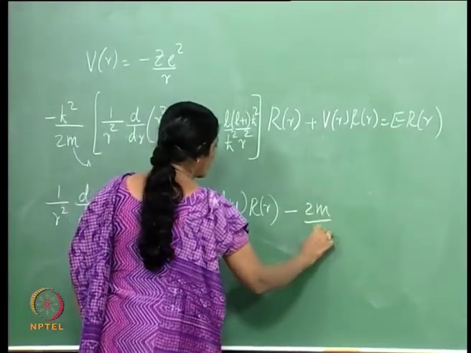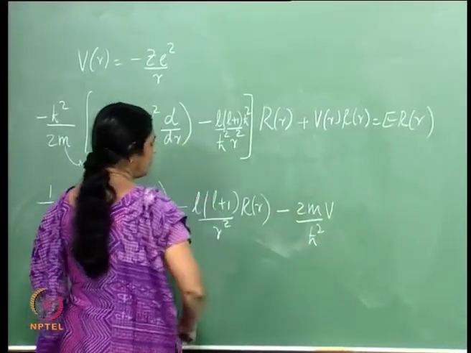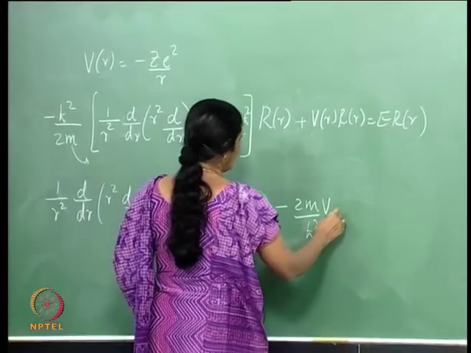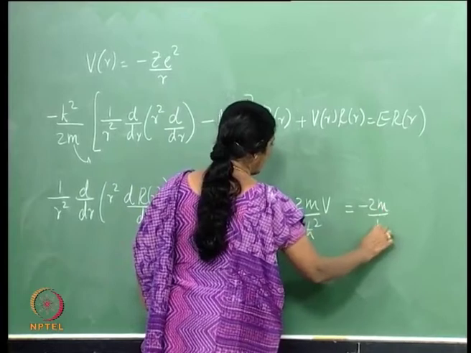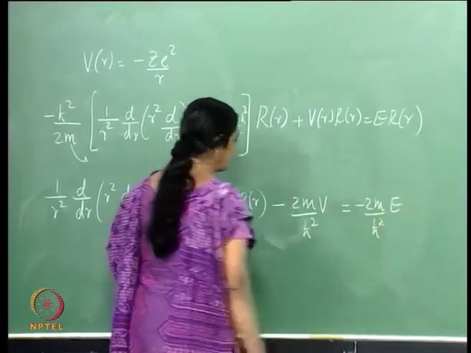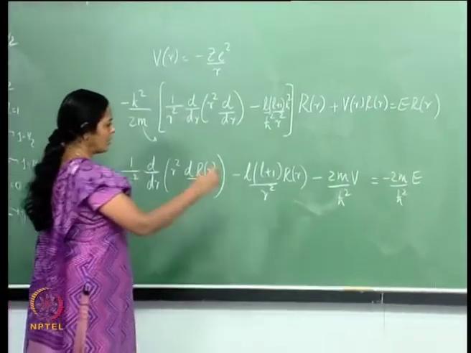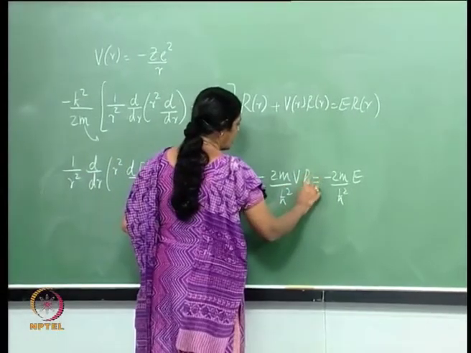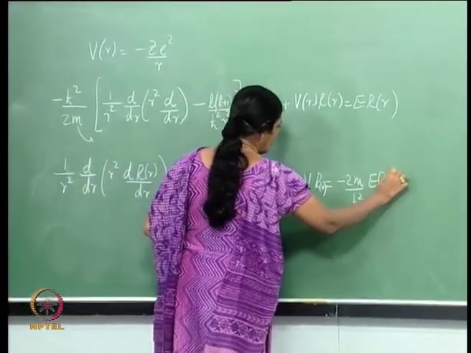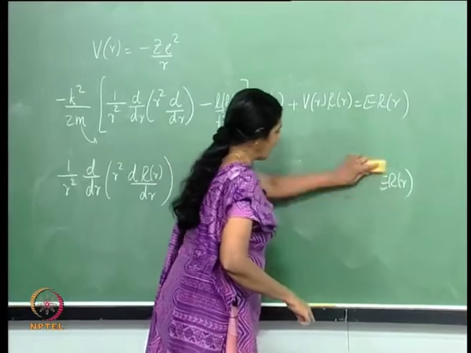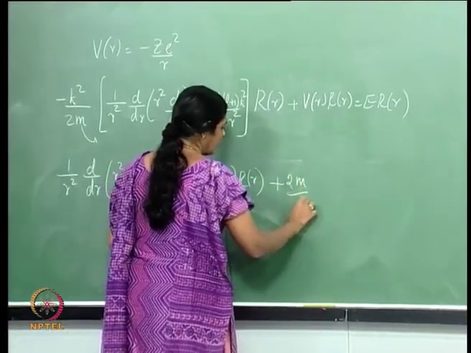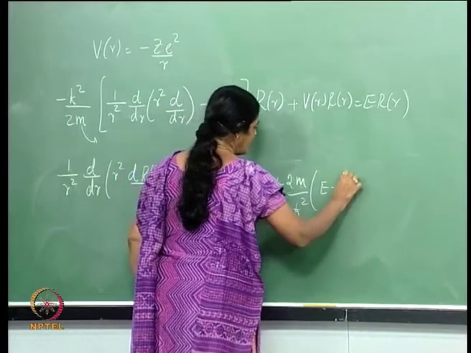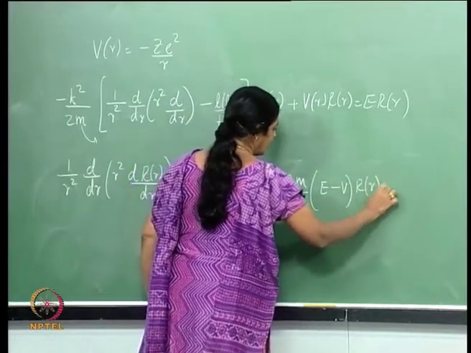Minus 2m by h cross squared V of r equals minus 2m by h cross squared E. So I can bring it to this side. There is an R of r here and an R of r there. So I can just write this as plus 2m by h cross squared (E minus V) R of r equals 0.